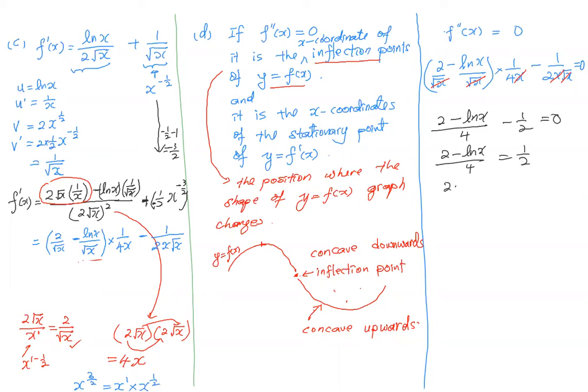So 2 minus ln x equals 2. Am I right? So negative ln x equals 0, which means ln x equals 0. So x equals e to the power of 0, that is 1.